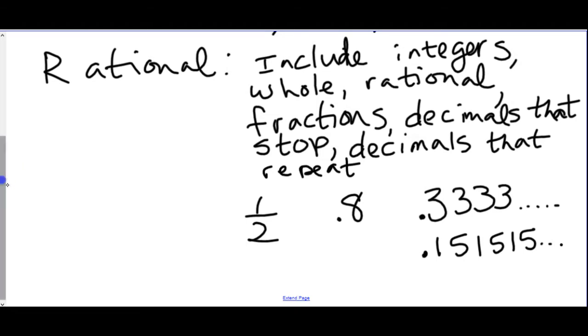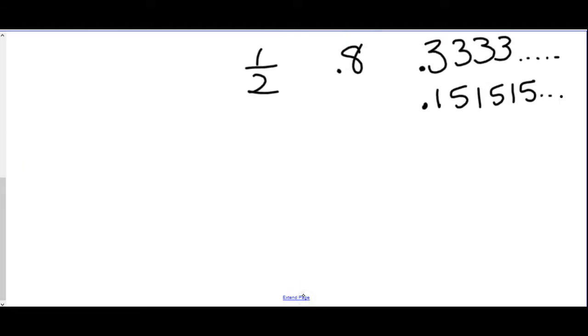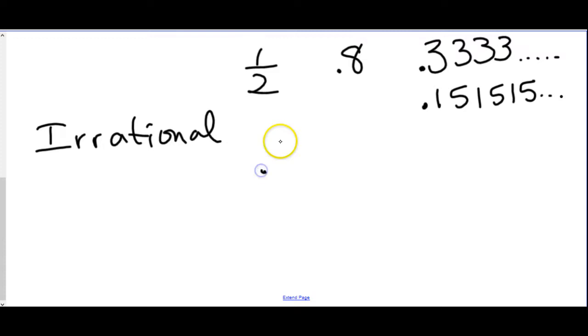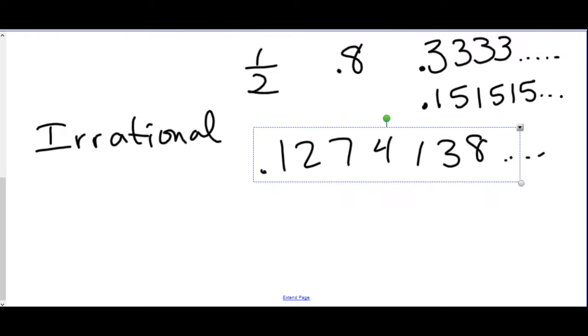So the last one is called irrational. And that is a decimal that doesn't repeat. 0.1274138. Just there's no pattern to it at all. It's just random numbers. So the way we get an irrational number is by using square roots.